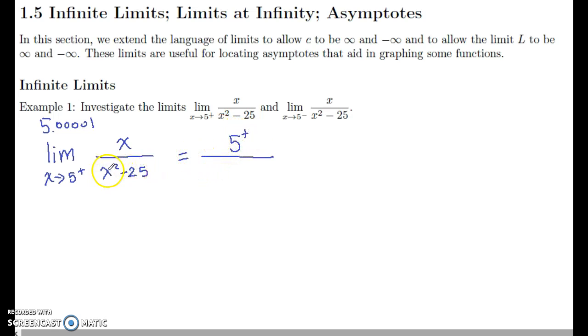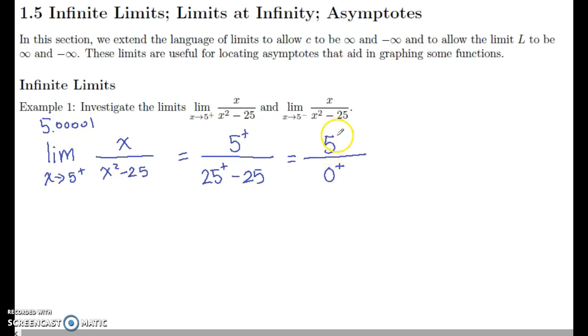Well, if x is a little bit more than 5, x squared is a little bit more than 25. Then in the bottom, a little bit more than 25 subtract 25 is a little bit more than 0.